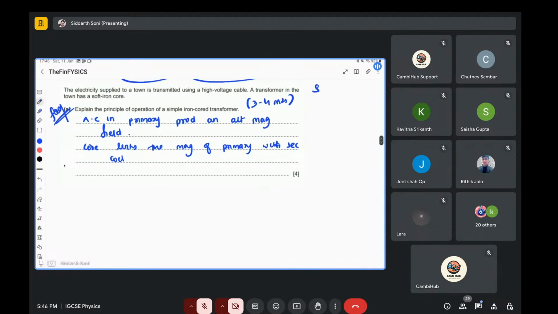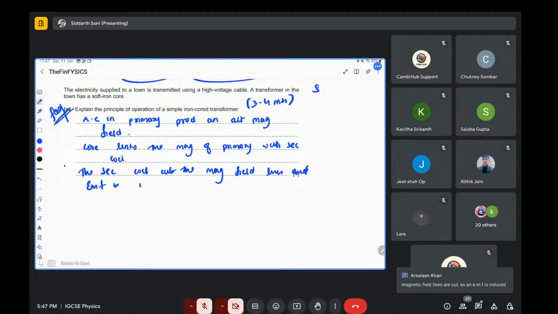Because it's an alternating magnetic field, the number of field lines are changing, or the field lines are being cut. So the secondary coil cuts the magnetic field lines and EMF is induced. This is what you need to write.